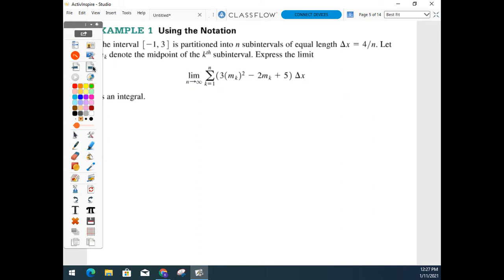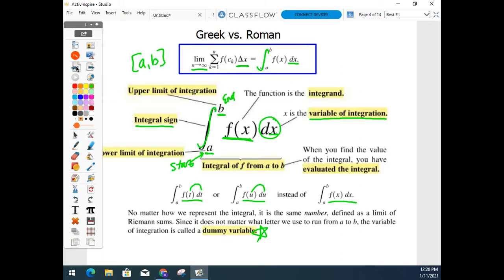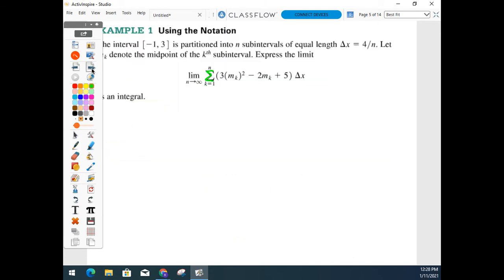All right. So this is just changing it from the Greek into the Roman. We're not even doing any calculations. We're just switching it over from the Greek to the Roman. And the Roman is so much easier to simplify. It's just so much better.